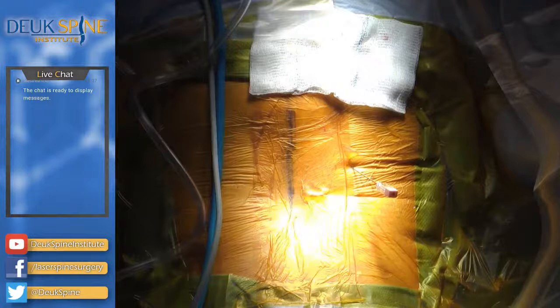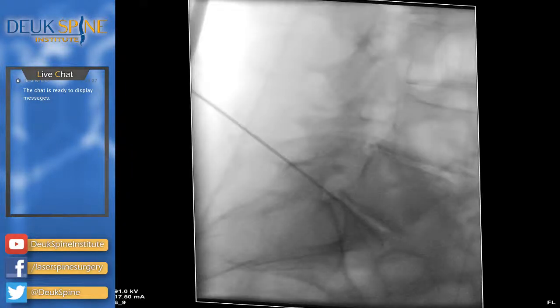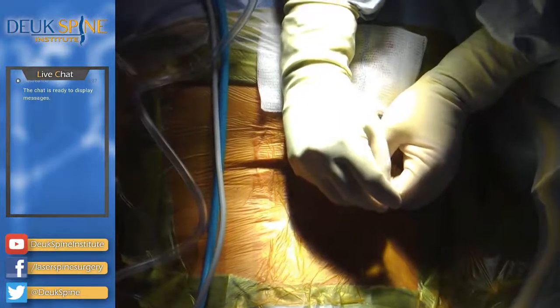Shot? Shot? What am I saying? Shot. Shot. It means take a picture.